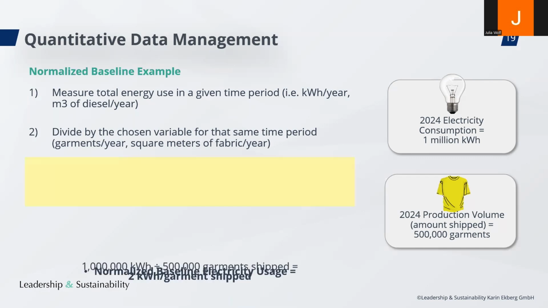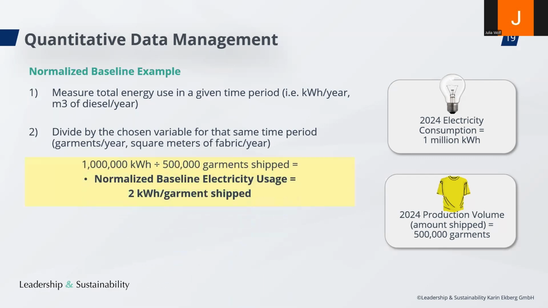Then the normalized value is 1 million kilowatt hour divided by 500,000 garments. And this means that there are 2 kilowatt hour consumed per garment shipped. This is, of course, a simplified number, but the formula looks like that.